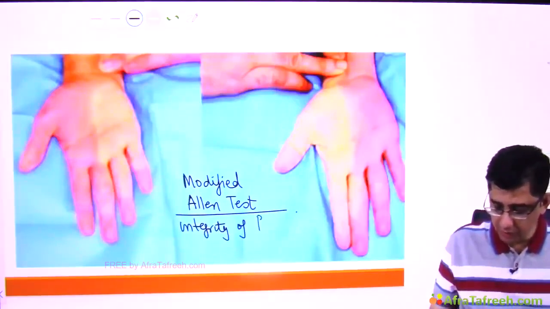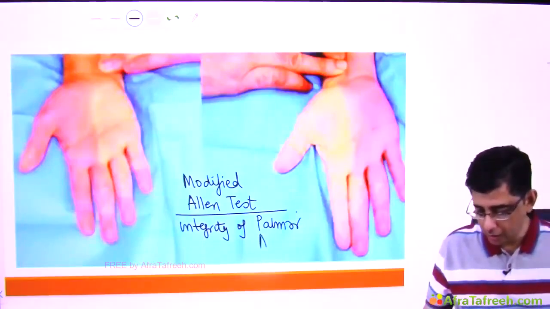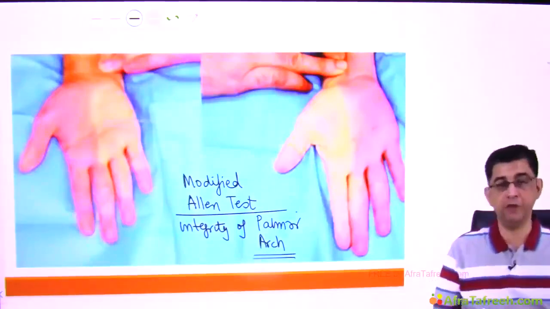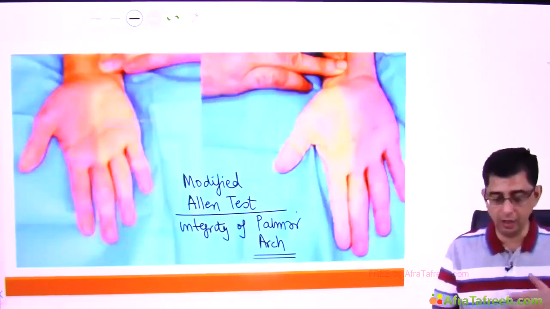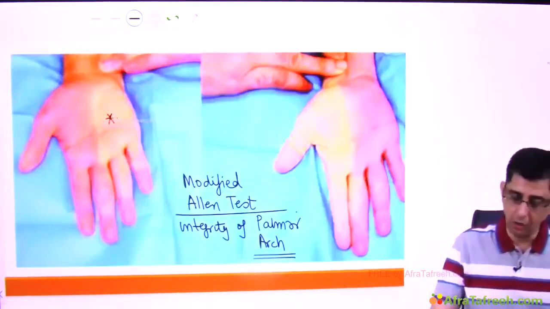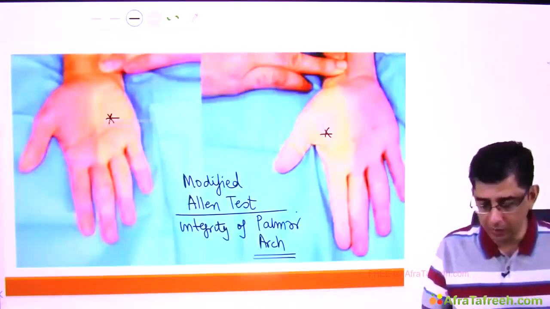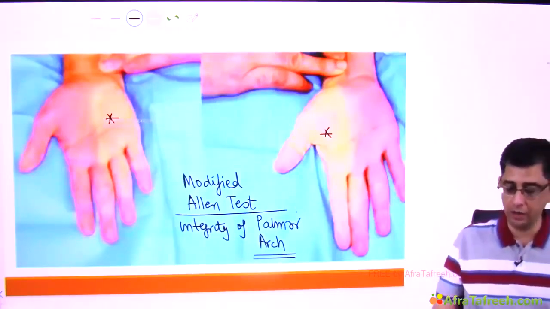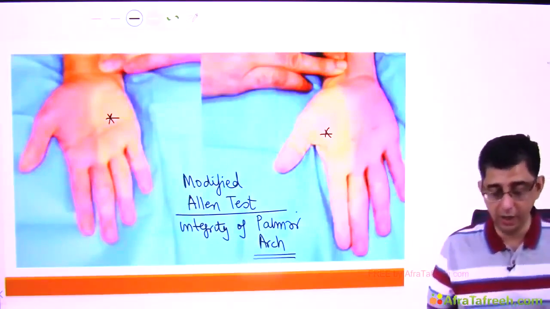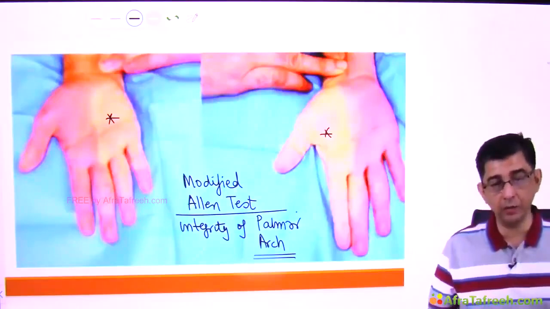You will be serially releasing the radial artery and the ulnar artery, and you will notice that in a normal individual, the entire hand will become flushed and red, but if there's an insufficiency in the palmar arch, then the entire palm will not become red. In the image on the right, though you have released the ulnar artery, the entire palm is not flushed, and on the left-hand side vice versa: the entire palm is not red, though you have released the radial artery of the patient.